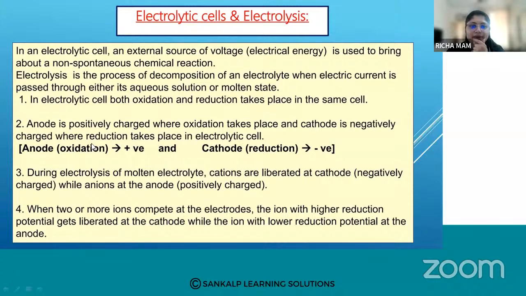So when you apply the external voltage, whatever cations are there will be liberated at the cathode, which is negatively charged, since opposite charges attract each other, right?